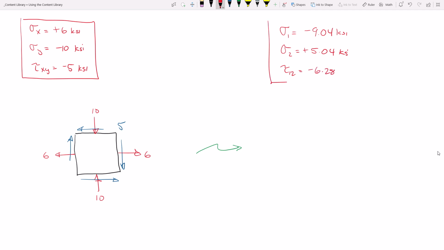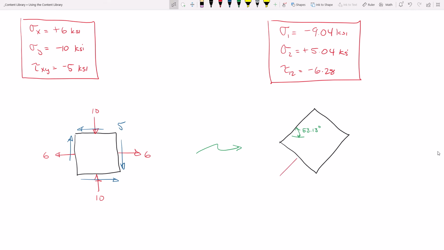So the way that you would draw that is first off, you are drawing your box like this, right? Where this angle is 53.13 degrees. And then sigma 1 is in compression. Sigma 2 is in tension. And again, the shear is negative.